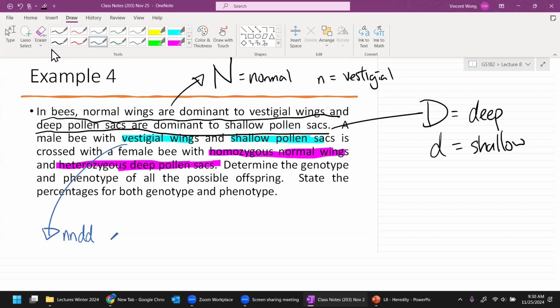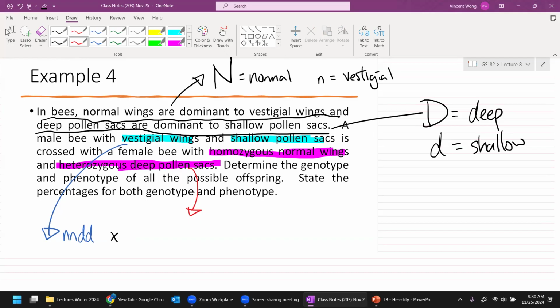How about the female? I go ahead and write the female genotype. What is it?